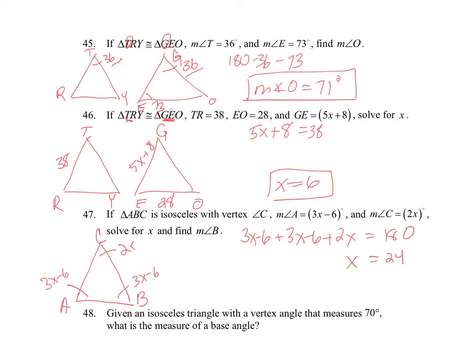And then if we want to find the measure of angle B, we would need to have 3 times x, which is 24, minus 6. So the measure of angle B is going to end up being 66.